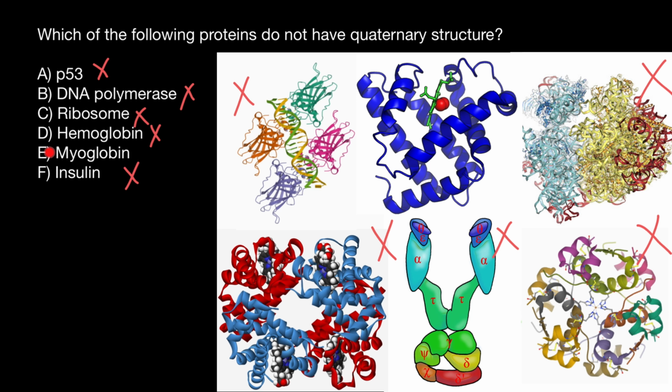And as you see, we have only one variant left, myoglobin, and here is the structure of this protein. It is a very simple protein. Actually, homology of this protein is over 90% to the beta subunit of the hemoglobin. It also has a heme group here with, as you see, an oxygen molecule attached to it.